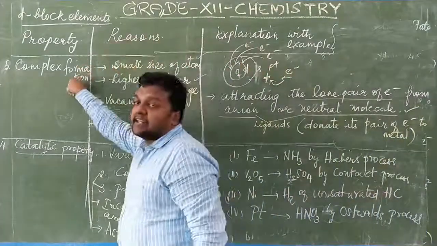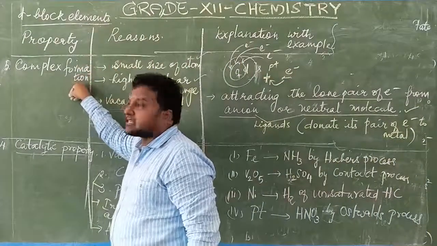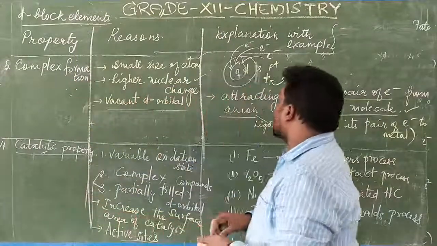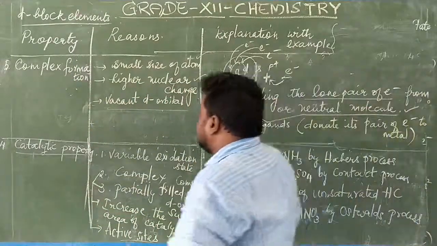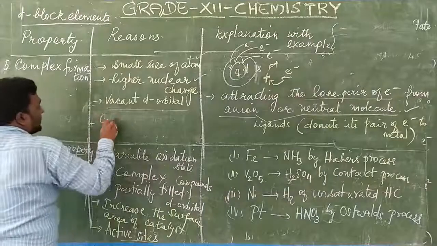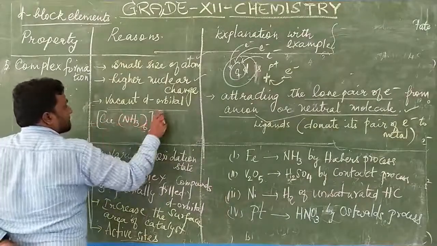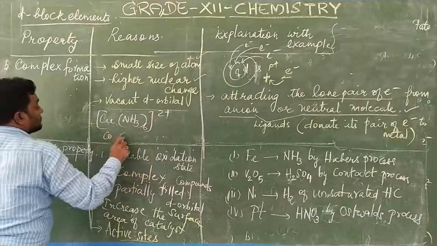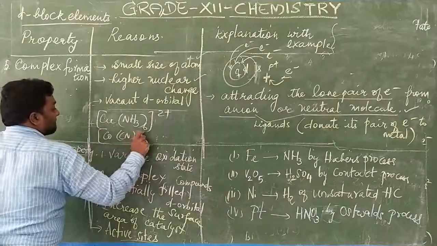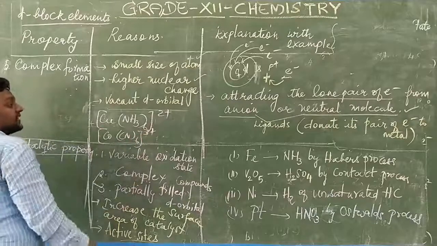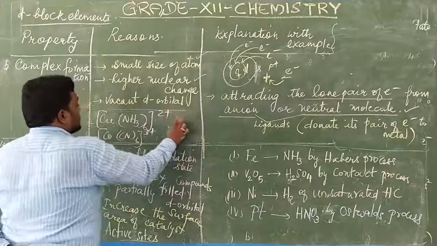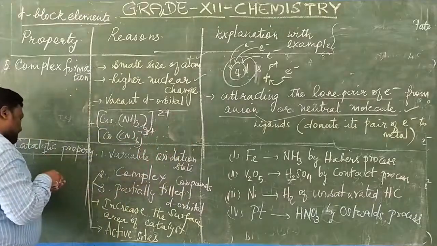So attracting the lone pair of electrons from the anion or the neutral molecule is the role of the central atom or ion of the transition metal to form the complex. So what example can we write? We can take copper hexammine, cobalt, isn't it? So these are some of the examples. Now you see what's happening.